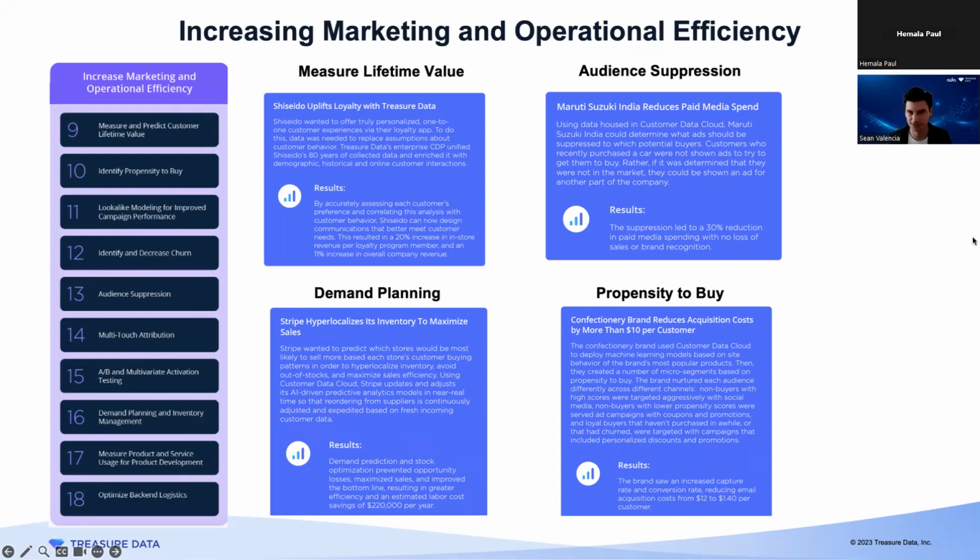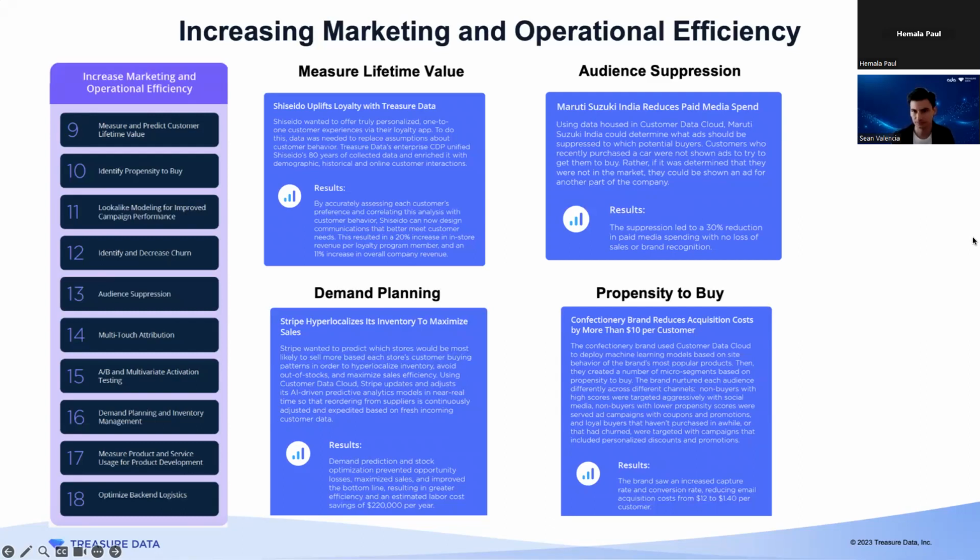This is one of the common initial use cases of machine learning that we're starting to see in business more. The Stripe example was a little bit more advanced, but this one of propensity to buy is a little bit easier to implement, as long as you have a couple of different sources of data together, and you've got functions, either within a CDP or another tool, to realize it.